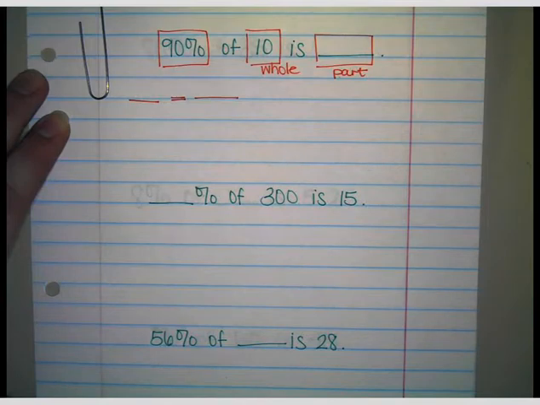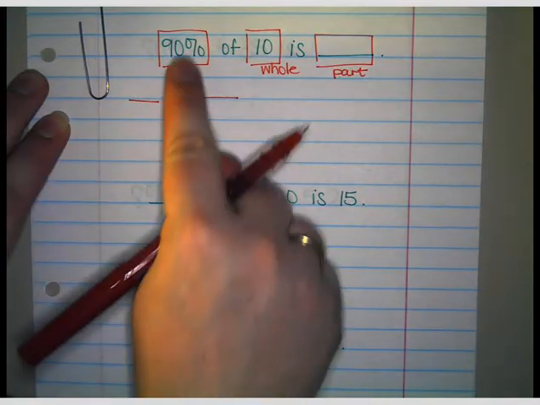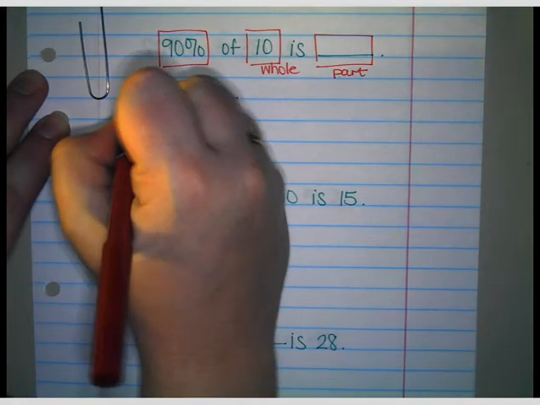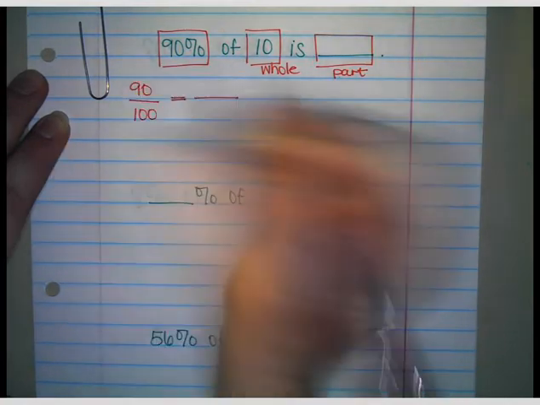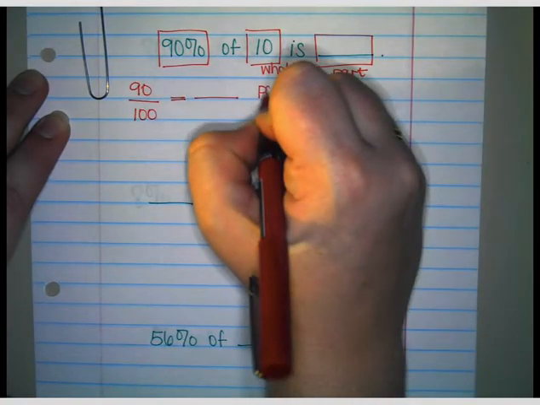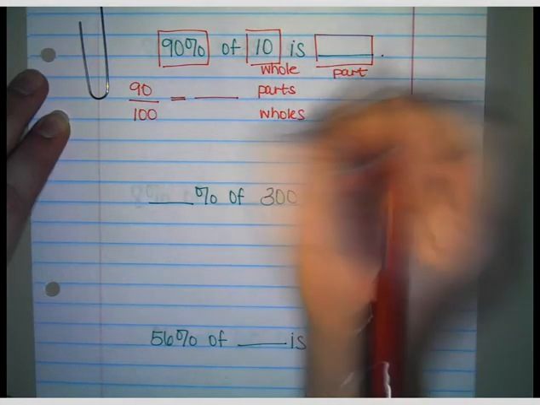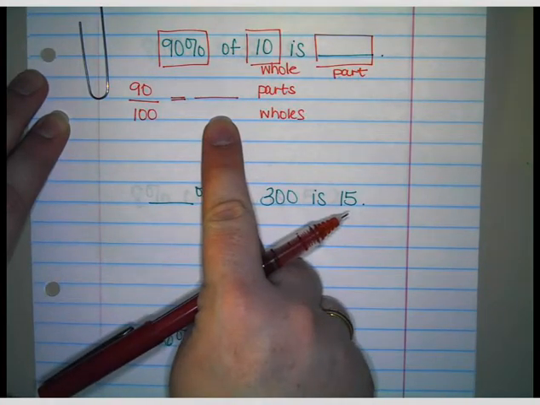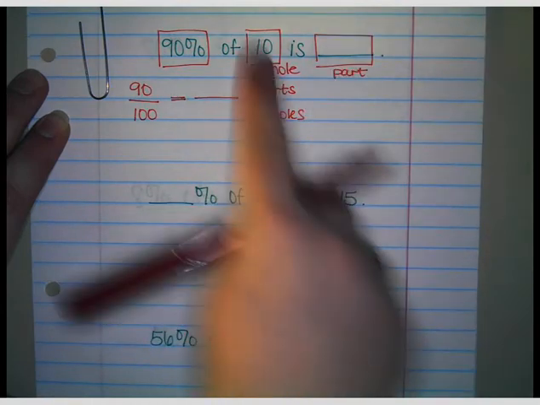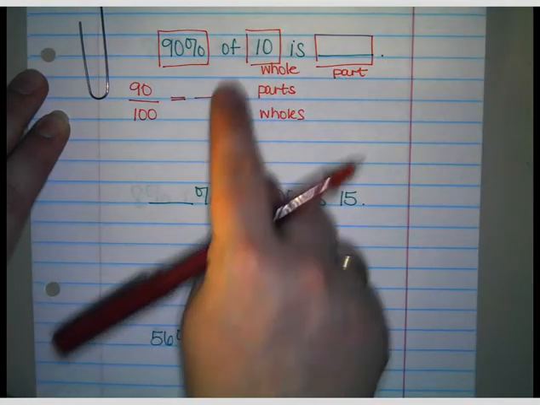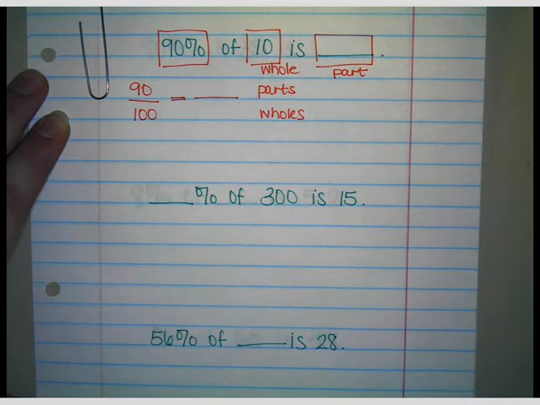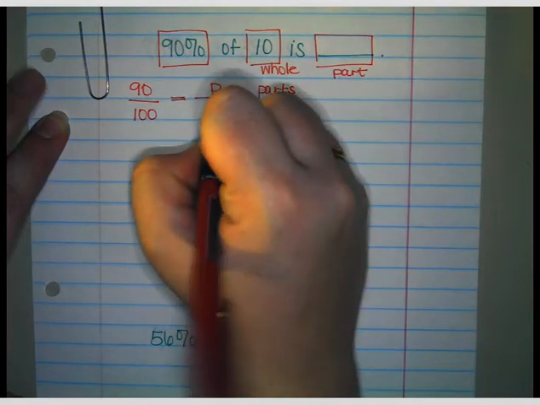One comes from the percent. The ratio that comes from 90% is 90 to 100. And of course, that is parts on the top and wholes on the bottom. So over here, when we make a ratio that comes from the numbers, we're going to put parts on the top and wholes on the bottom. The part I don't know, so I'm just going to mark it with P, and then the whole is 10.